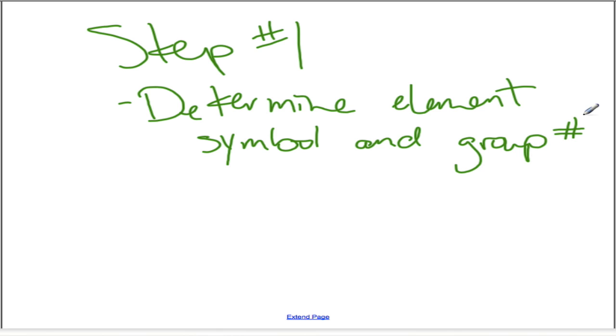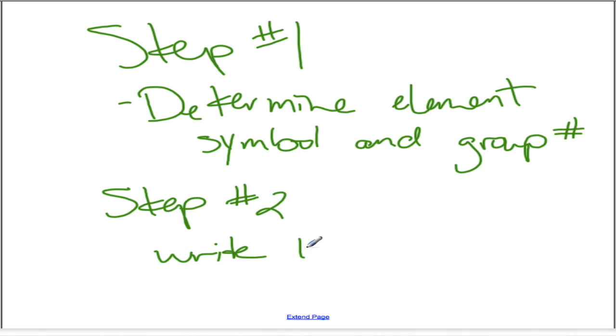And that's going to come from our handy dandy periodic table, so we'll have to use that. Step number 2 is just to write the symbol. So whatever the element symbol is, you'll write that down first.